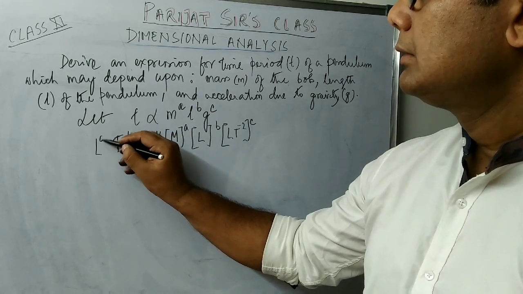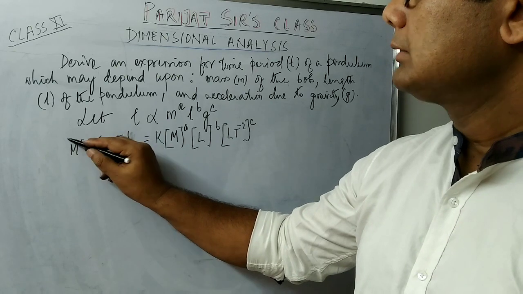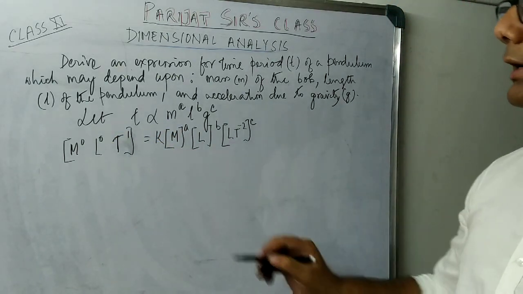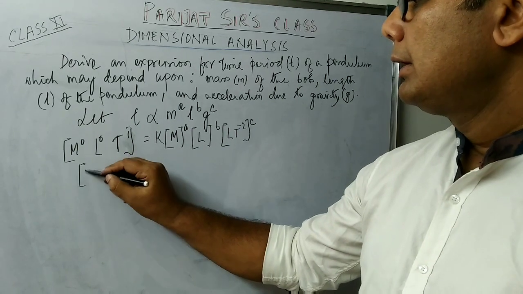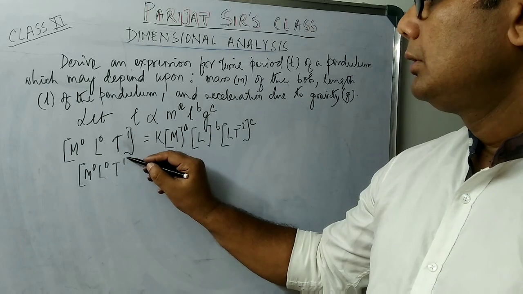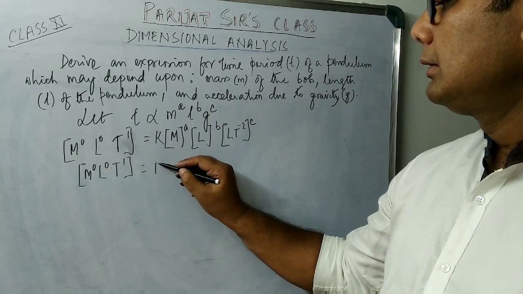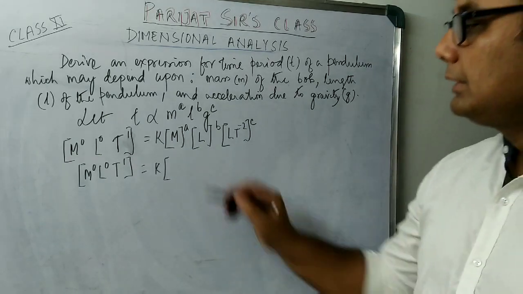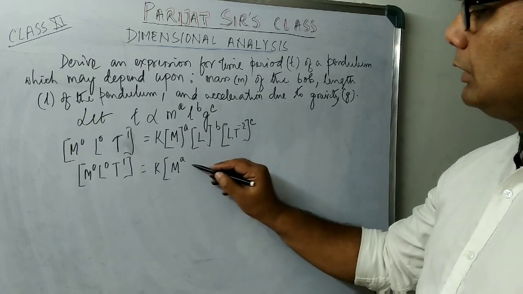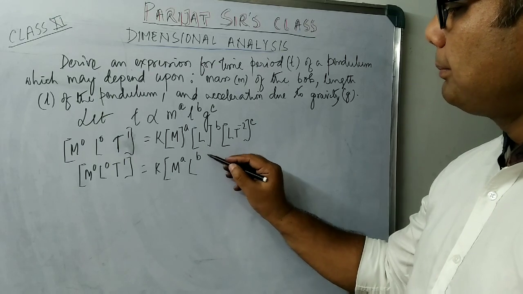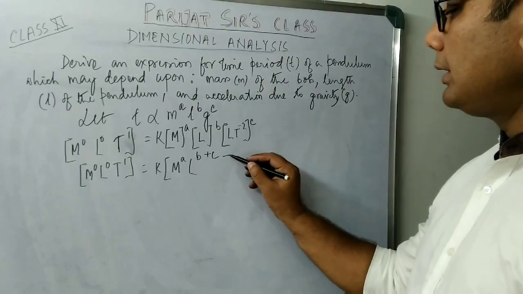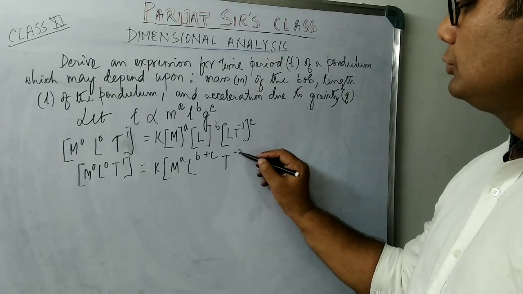There will be no length, there will be no mass. So let's convert it. M to the power 0, L to the power 0, T to the power 1, equals K. Now let's see, any other M? Only M to the power A, L to the power B plus C, and T to the power minus 2C.